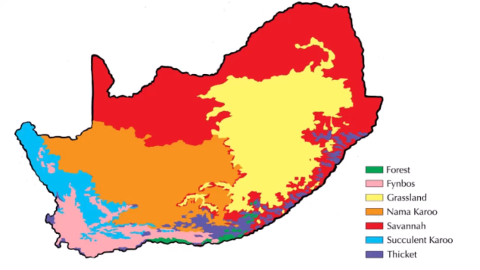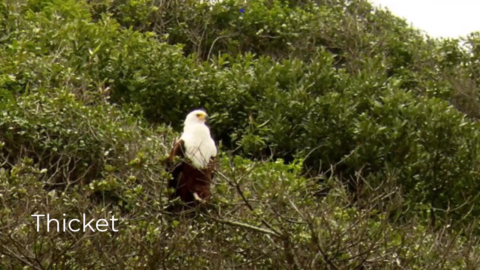Terrestrial biomes, the ones on land, are mainly classified based on their dominant vegetation type, along with the climate and geography. Your textbook, I believe, outlines 8 main ones found here in South Africa. Right, let me see. Grassland, savanna, succulent karoo, Nama karoo, forest, fynbos, thicket, and desert. That's the list.